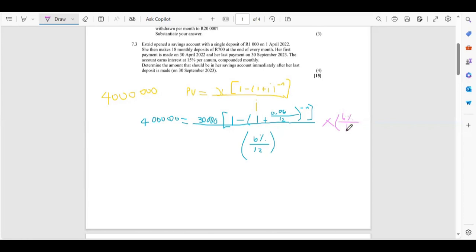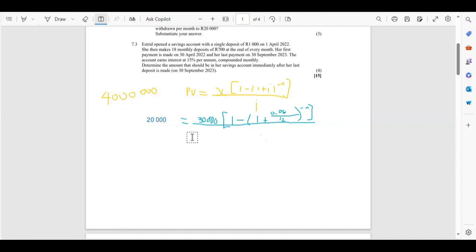These two would cancel out one another, so let me just erase them. Now, punching 6% over 12 multiplied by 4 million into a calculator, you should get an amount of 20,000. So this would amount to 20,000.